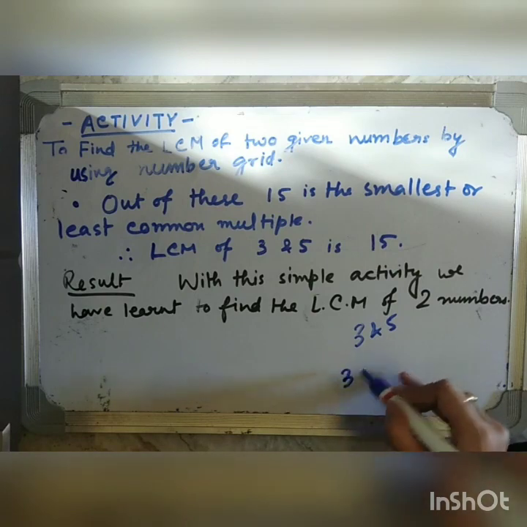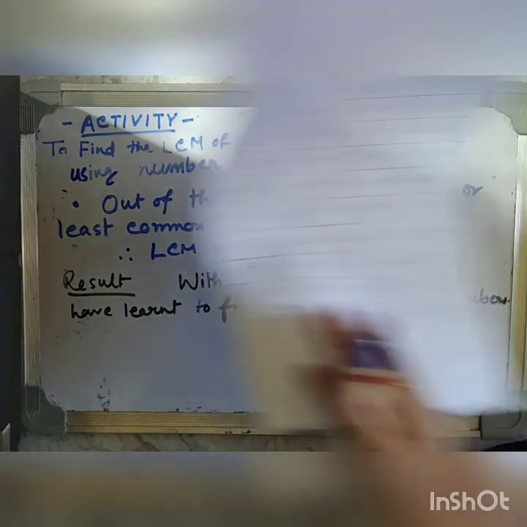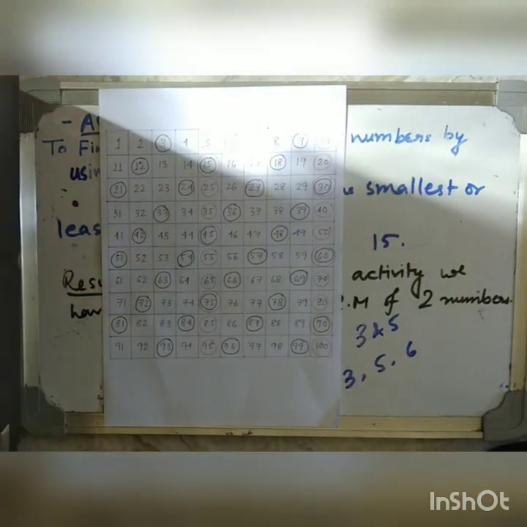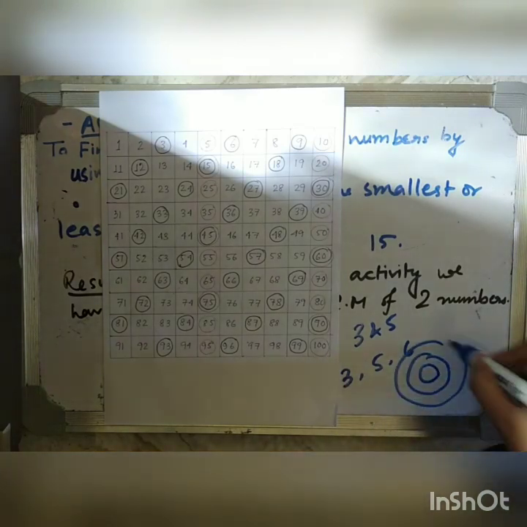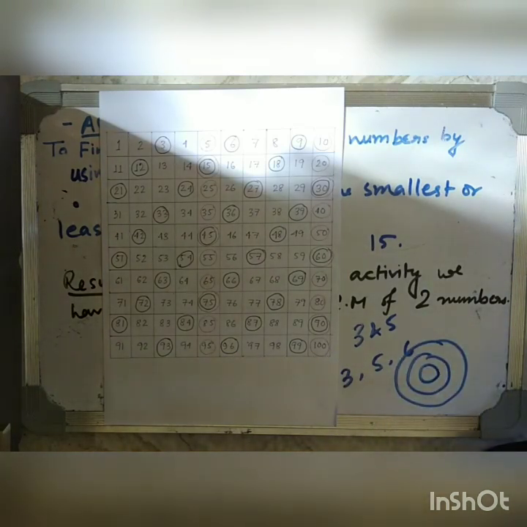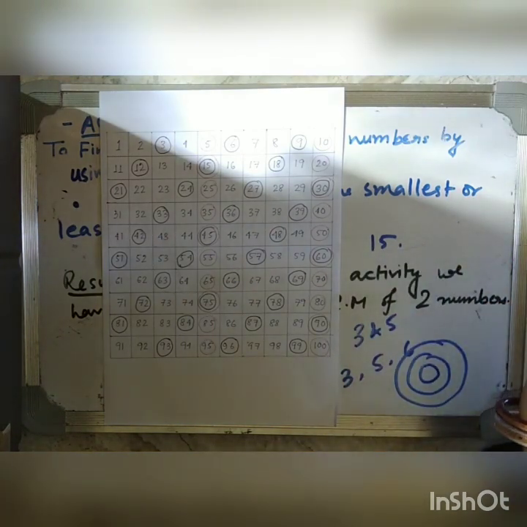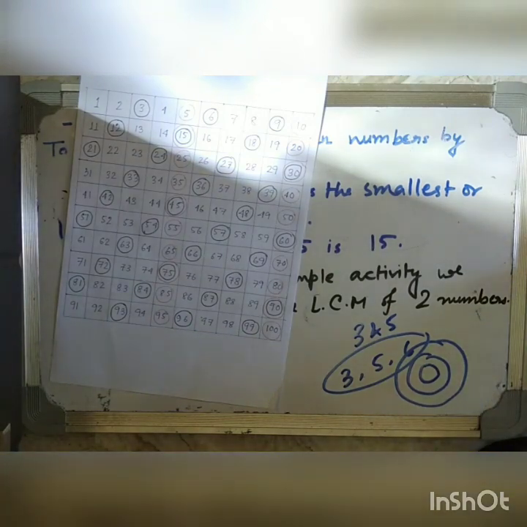Means suppose 3, 5 and 6 you have taken. Now for that what we have to do? The multiples of 6 will be encircled by a different color. Okay. Then the intersection of all the 3 colors will be taken, and will be taken as the common multiples of 3, 5 and 6. And from there, the least common multiple will be taken as the LCM of 3, 5 and 6. In this way we can also find for more than 3 numbers.